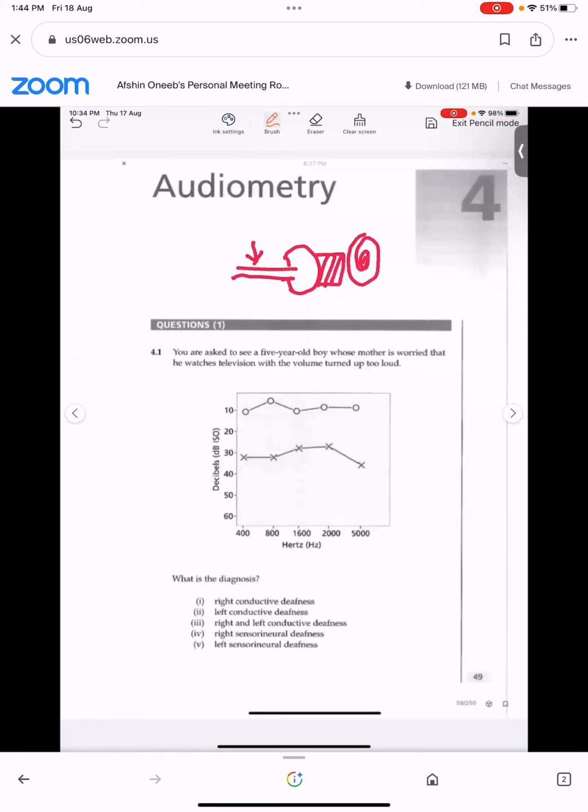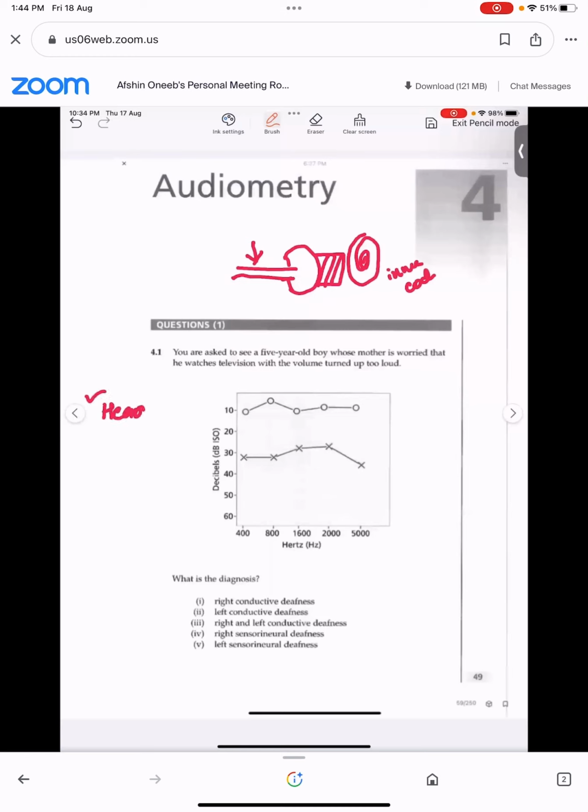It's a rough diagram for the inner ear. This audiometry is going to tell you the functioning or malfunctioning of which part of the ear. By this audiogram, we will come to know whether hearing loss is present or not.